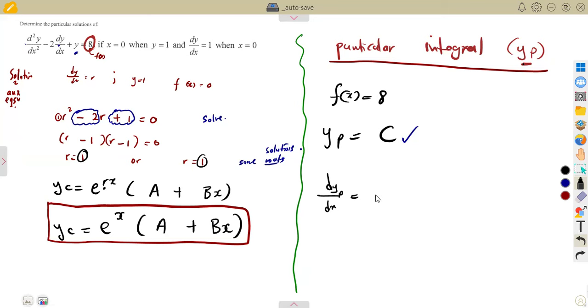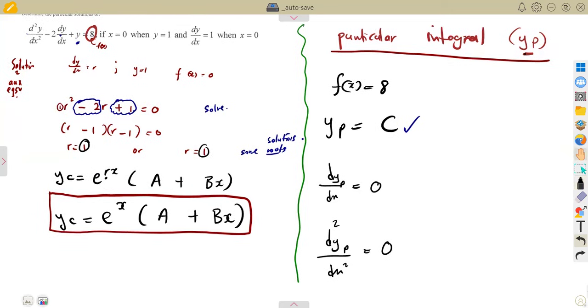That's a constant. So the derivative there is a 0. Second derivative, again, with respect to x of the particular integral, if you differentiate a 0, it's just going to be a 0. So like I said, you need to substitute this back into the original equation that you are given there. That means in place of the original equation, this is the second derivative. But is there anything?